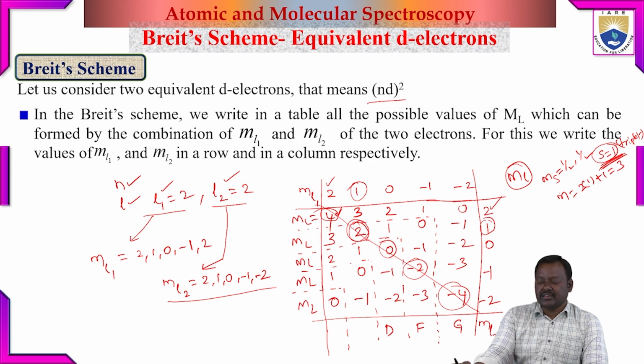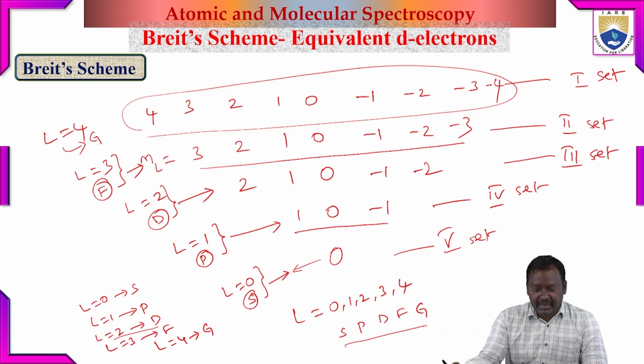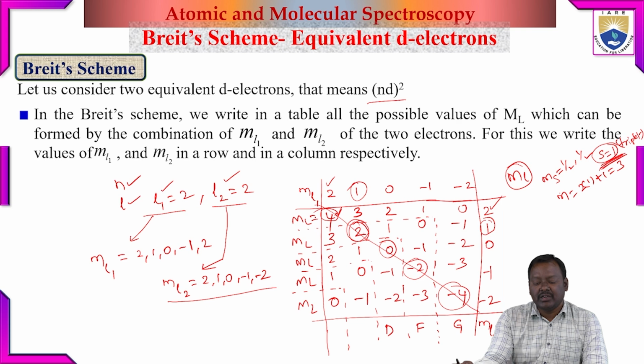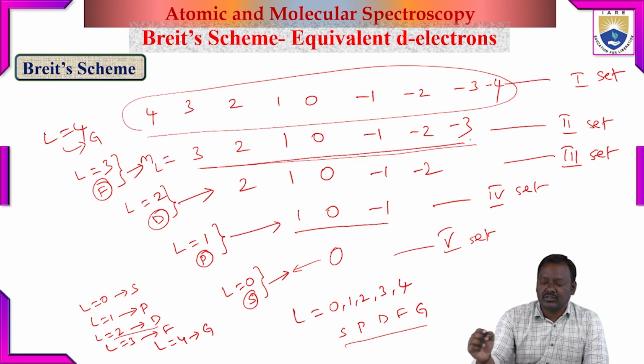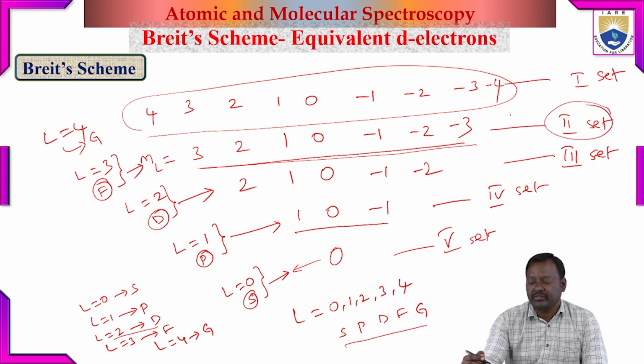By excluding these values, we can observe, if we exclude the 4, this value, we are obtaining this set 3, 2, 1, 0, minus 1, minus 2, minus 3. So the second set is possible with s equal to 1.